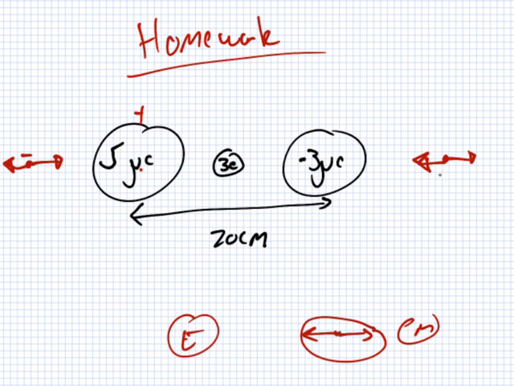For this, interestingly, the balance point is somewhere outside the 2 charges, which makes it mathematically a tiny bit harder to solve than the example with the Moon and the Earth. Can you try this for me as a homework and see how you do? And we'll do this in the next class, okay? Alright.